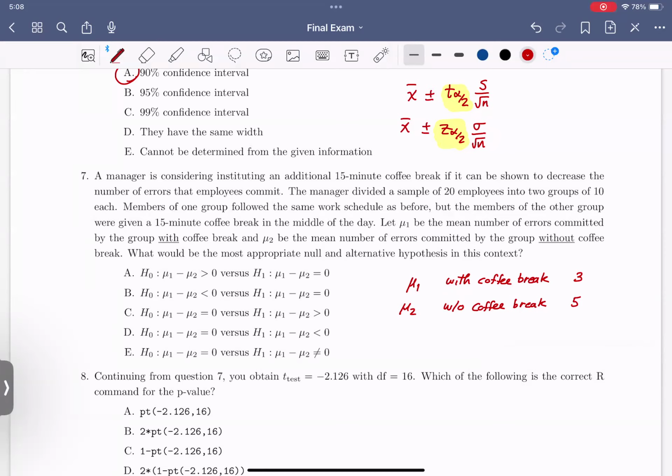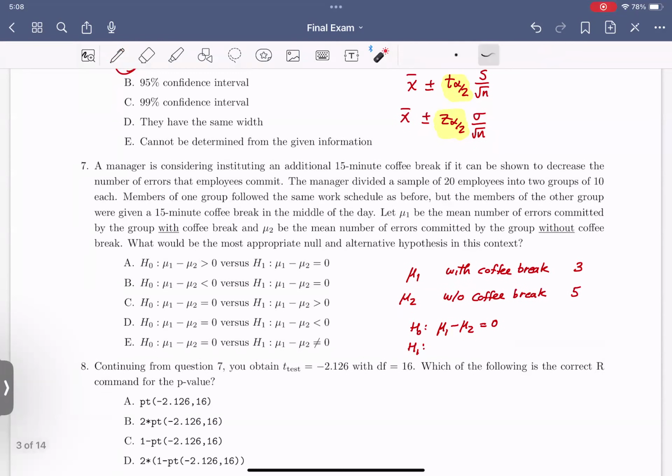So that means you want to test that mu1 minus mu2 equal to 0 versus, I mean, this is the case that you want, right? The case that you want is the case that without the coffee break, you have lots of errors. And then when you have the coffee break, it can reduce the errors and the number here is smaller.